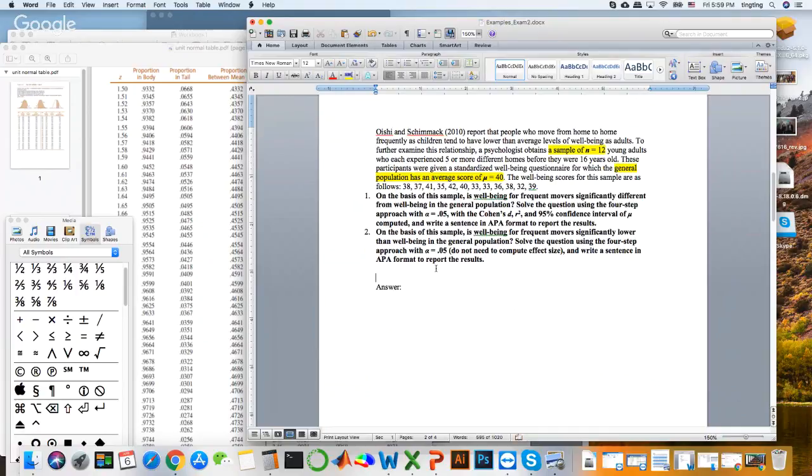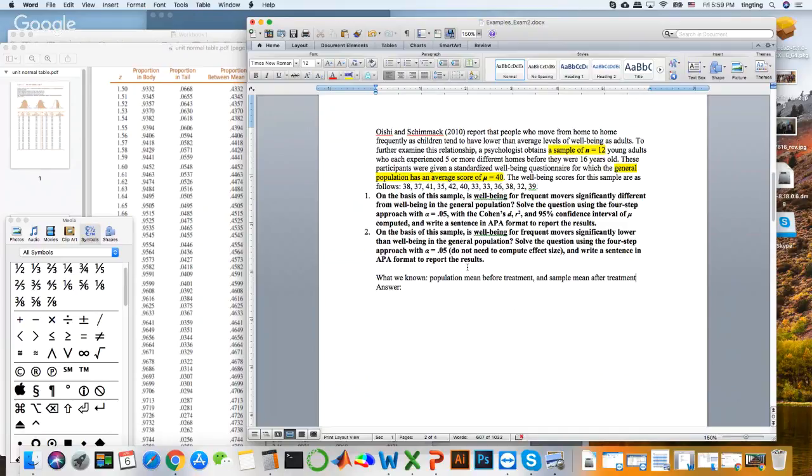So what we know is the population mean and the sample mean.